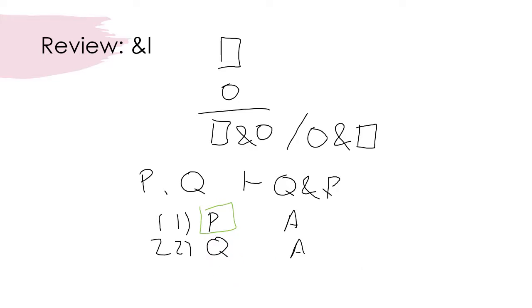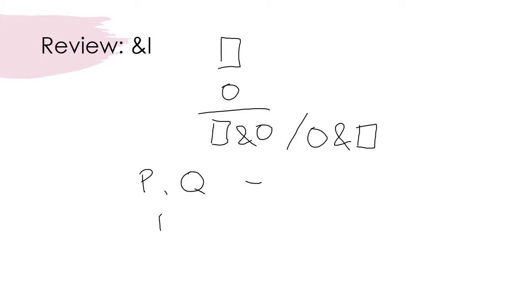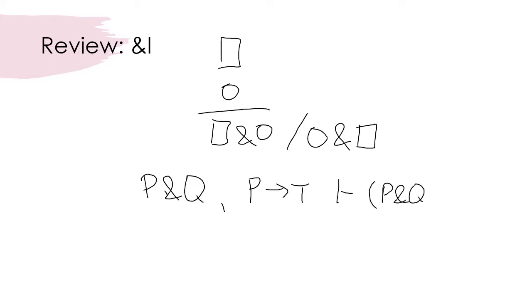And just to show you a complication on this, just like I did on the previous one, say if we were looking to prove P and Q as one premise, P arrow T is another premise, and we're looking to write P and Q and P arrow T. Well, our premises would be our first 2 lines like the previous one.